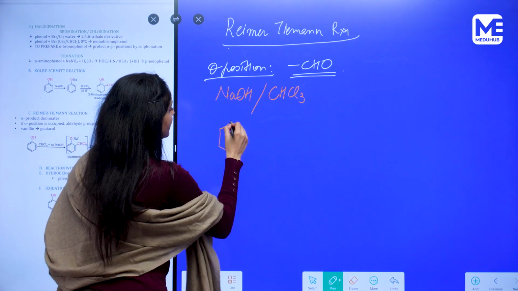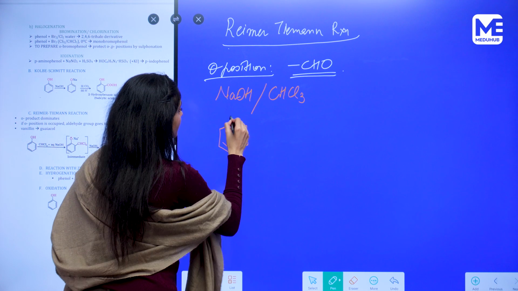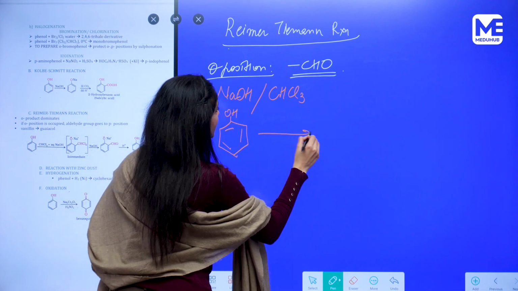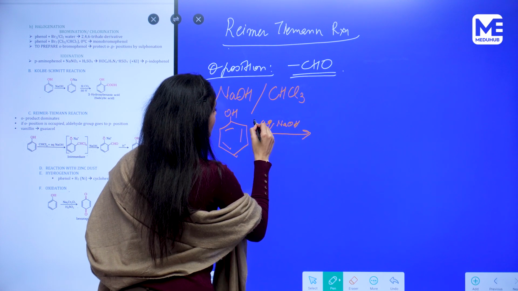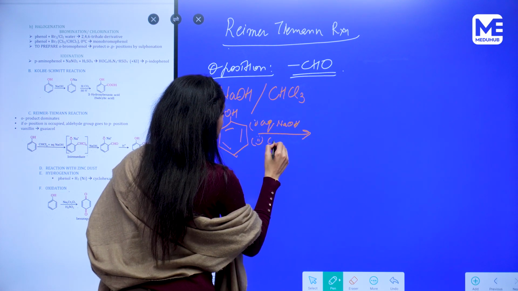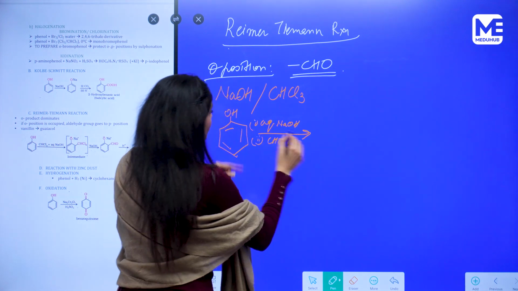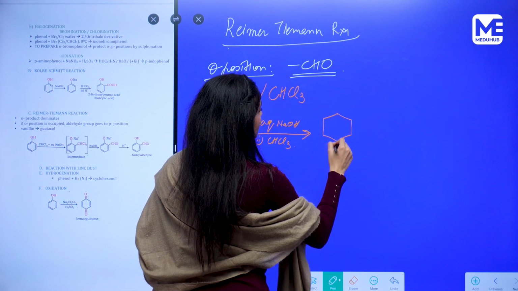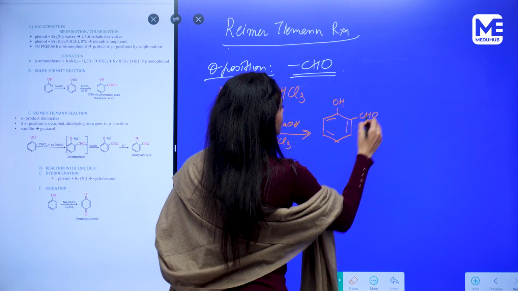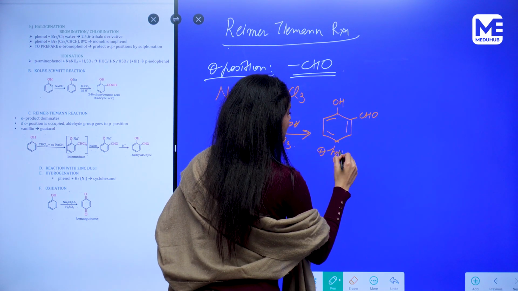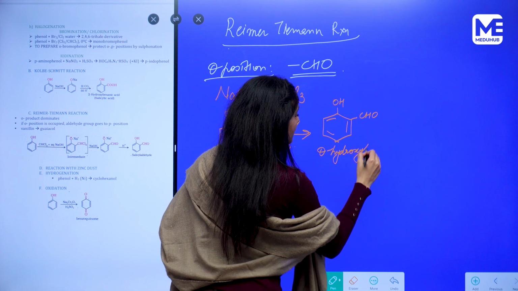So we have phenol reacting with aqueous NaOH and CHCl3, we will get ortho-hydroxy benzaldehyde.